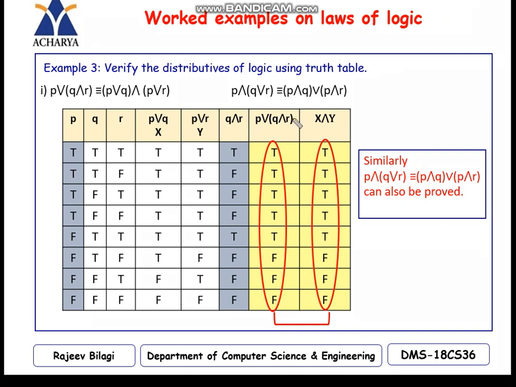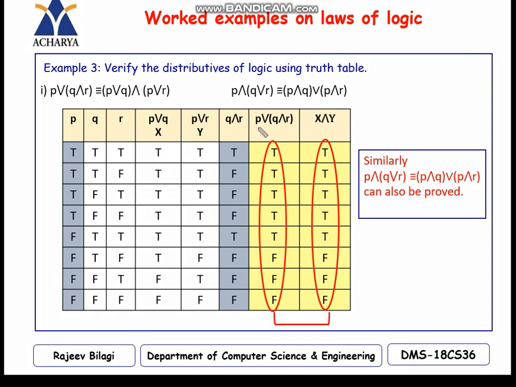So the OR operator with Q and R: when both are false, only then is it false, otherwise it is true. If you look at these columns, you are going to get F, F, F. So all other values will be true. Okay, so this is done for P or (Q and R).